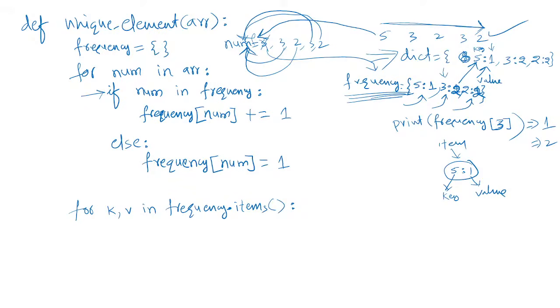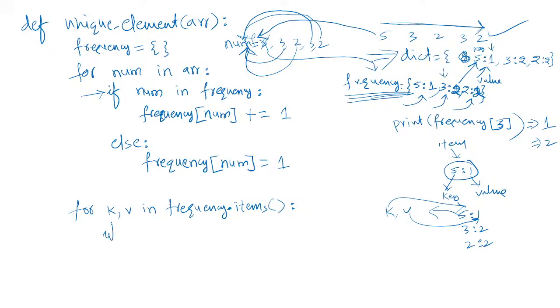Frequency dot items returns these items: 5 colon 1 is one item, 3 colon 2 is another item, 2 colon 2 is another item. One by one it returns the two values k comma v. The k value will be 5 here and the v value will be 1. Key and value.